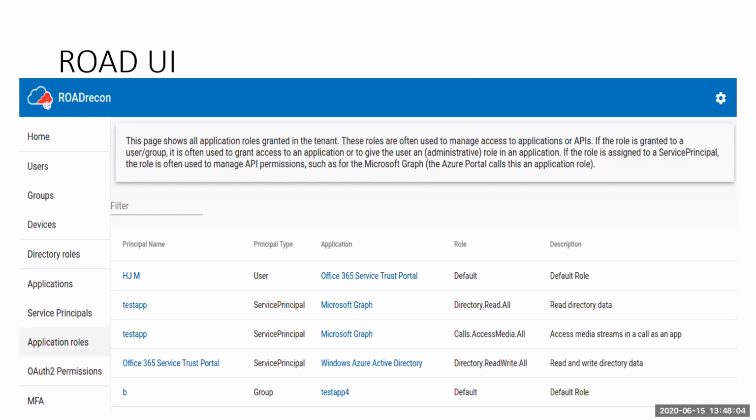Yeah, this is basically it. You can actually go ahead and look at all the objects inside Azure AD: what roles, what type of principals, what they have access to, enumerate applications, your service principals. We talked a little bit about service principals, and then to target the attack.